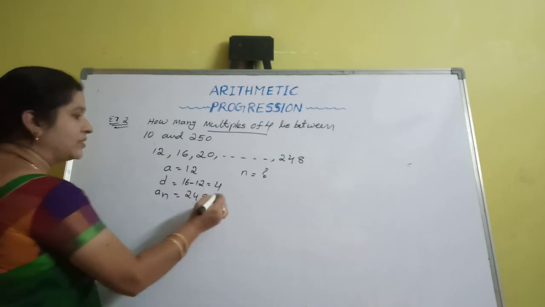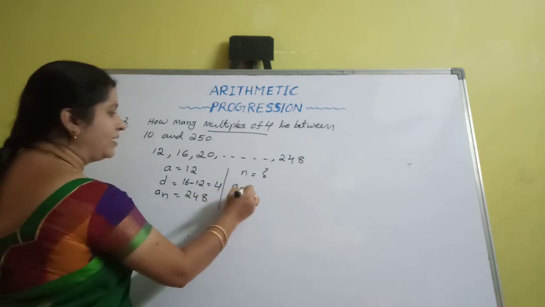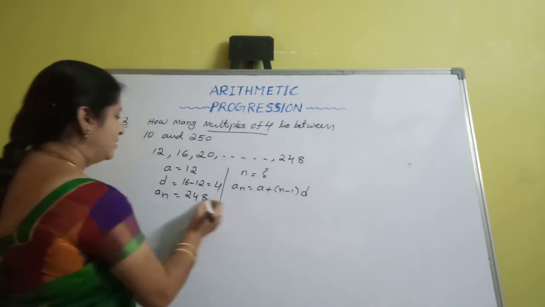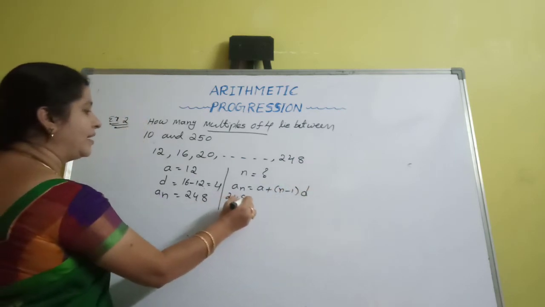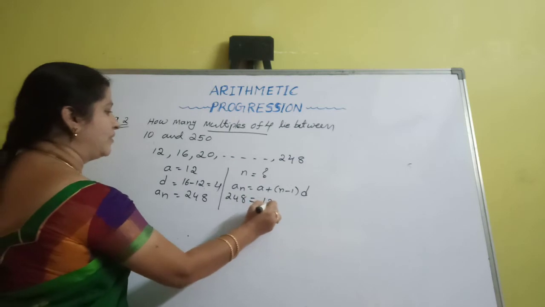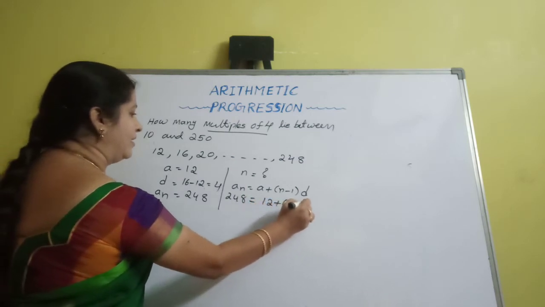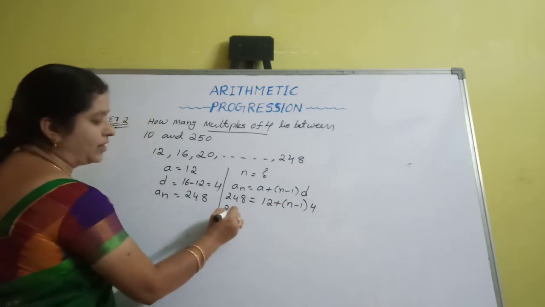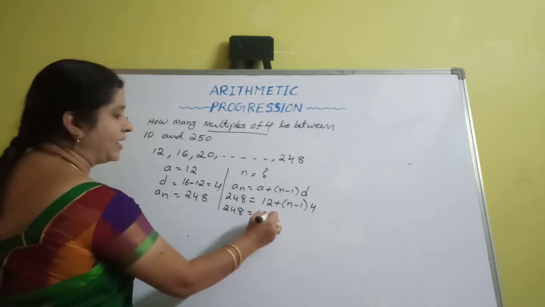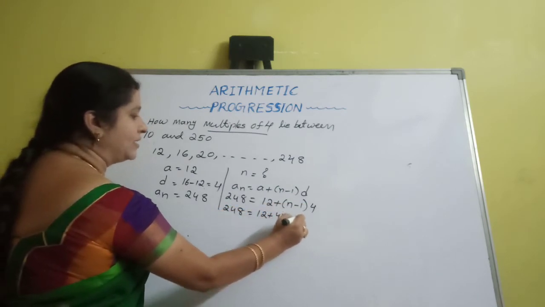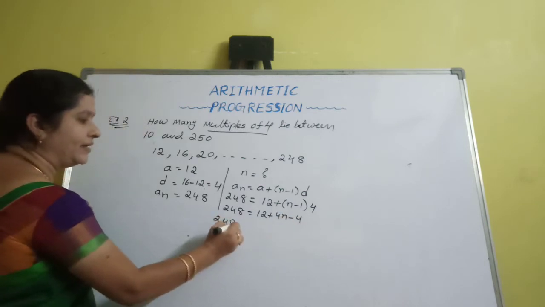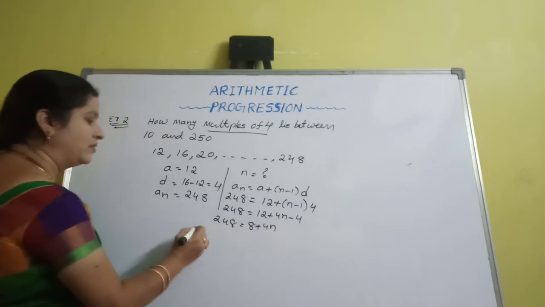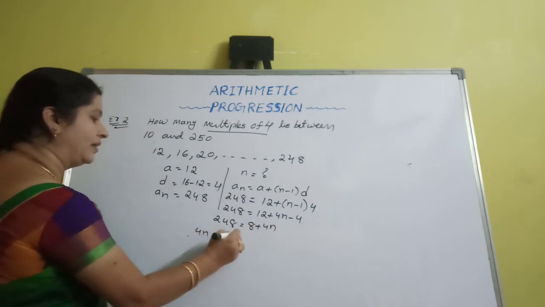So by using this formula, an equal to a plus n minus 1 into d. Given an value 248, a value 12, n is unknown, d value here we got 4. So 248 equal to 12 plus 4n minus 4. 248 equal to 12 minus 4, 8, plus 4n. So 4n equal to 240.